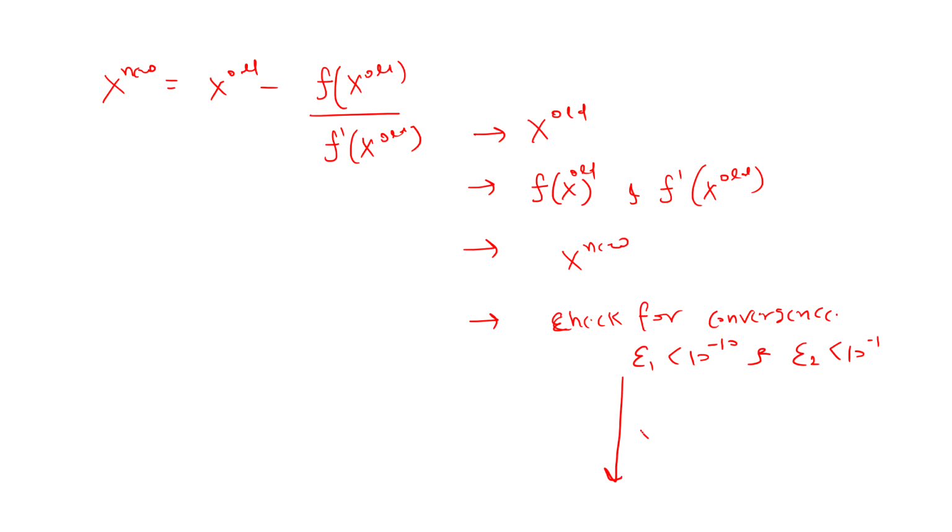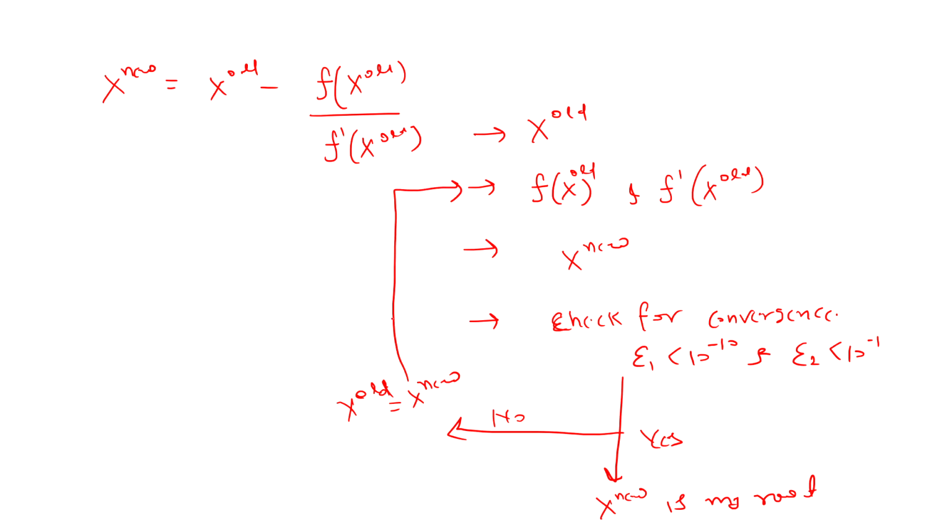If yes, then x new is my root. If no, then x old becomes x new, and we go back to this step. So this is my algorithm.